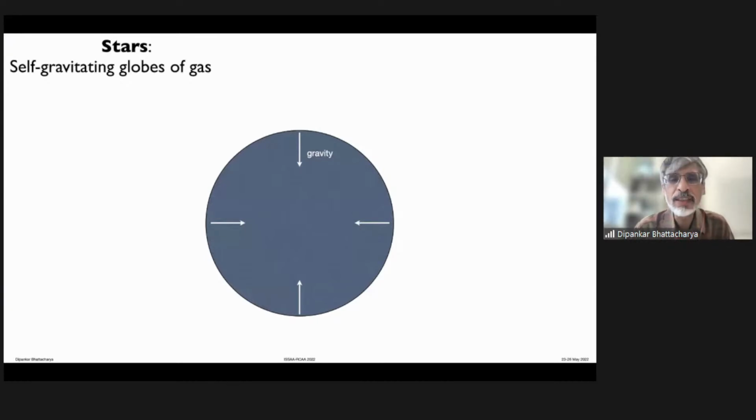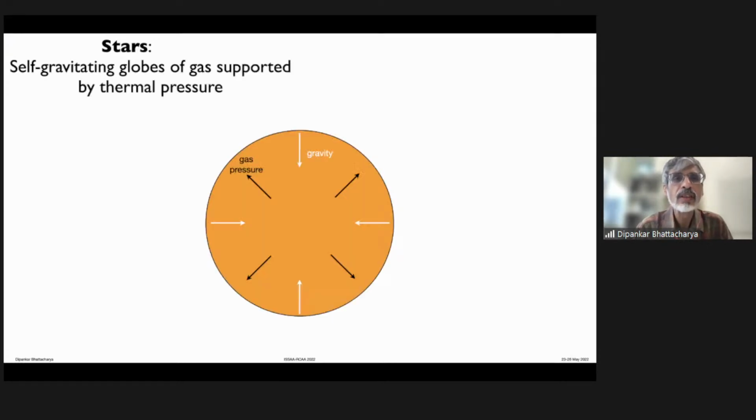So to make a stable object like the star, the gravity must be counterbalanced by something. So something must be balancing this gravitational pull so that the star can maintain its shape and size. So that comes from the pressure inside the star.